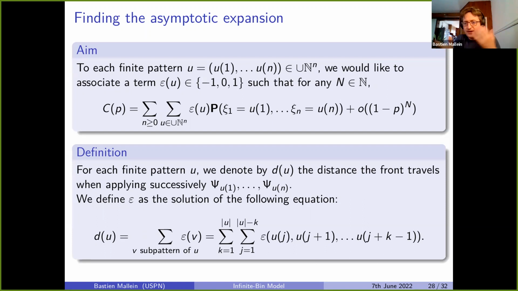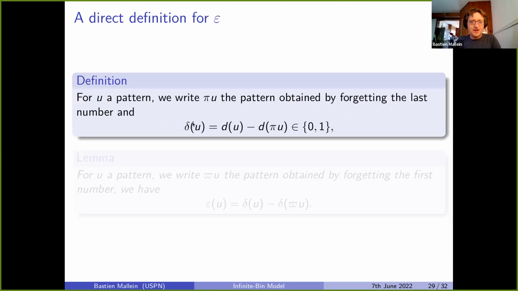And okay, so it's not immediate to solve this equation in epsilon, but you can actually do it by looking at epsilon as some kind of Laplacian on the words. So the idea is you look at delta(u), which is d(u) minus the d(u) when you remove the last number. So delta(u) is either 0 or 1. It tells you, if I do my series of words, do I add a ball in a new bin at my last step or not?